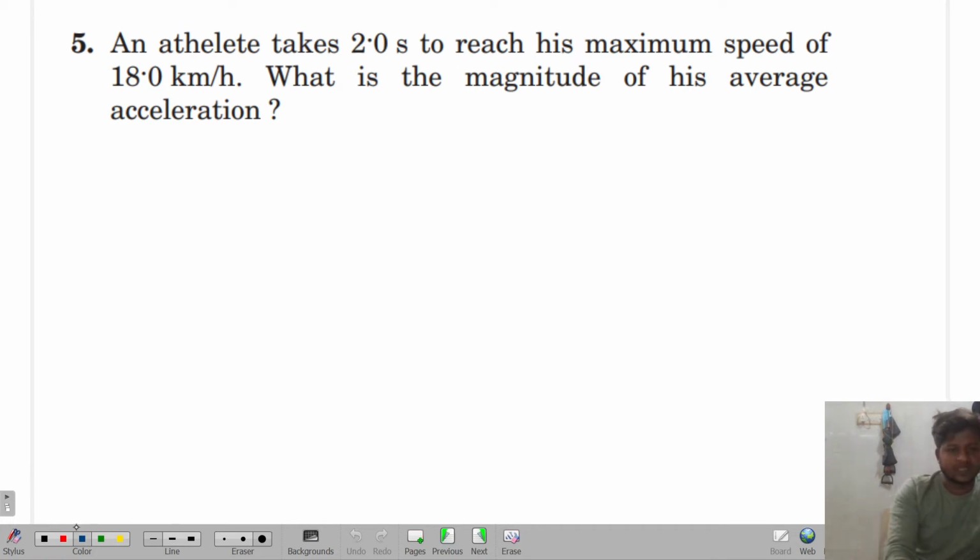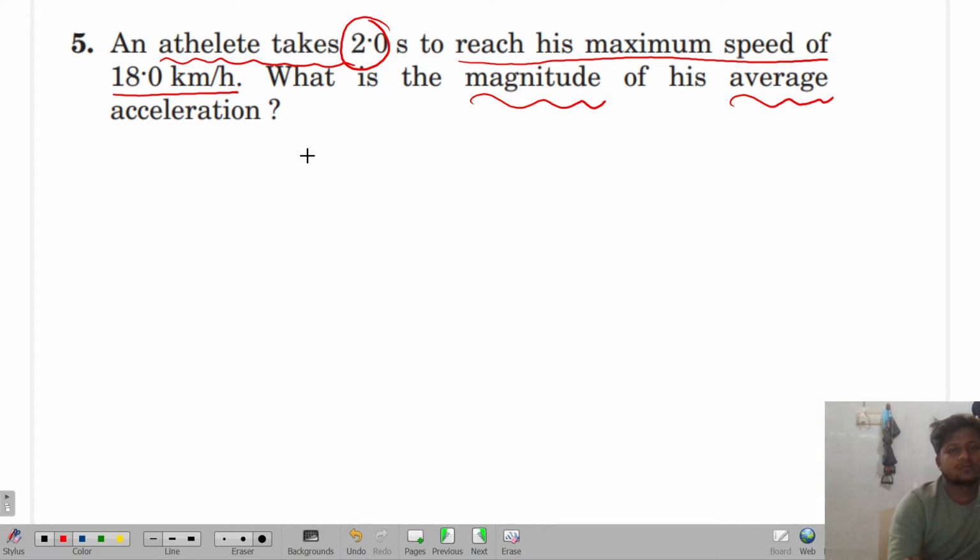This question is good. Take your time over here. It is asking an athlete takes 2.0 second to reach his maximum speed of 18.0 kilometer per hour. So it is asking what is the magnitude of the average acceleration. Are you aware of average acceleration? It is simple. What is the formula of average acceleration?